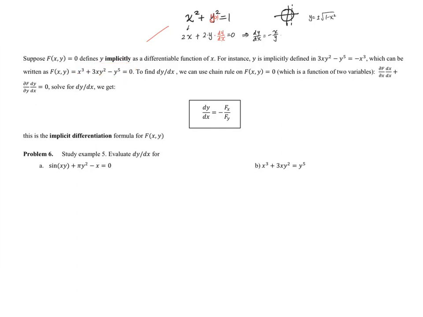Okay, so let's read through that. Suppose f(x, y) equals 0 defines y implicitly as a differentiable function of x. Now here's one example. Here y is implicitly defined by this equation, and this equation can be written in this form, f(x, y).